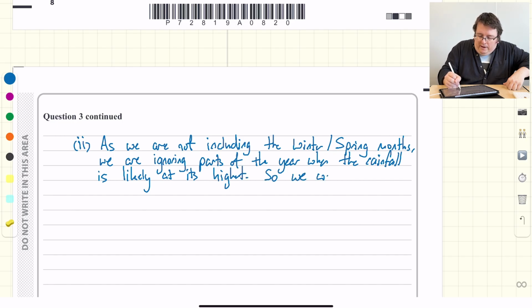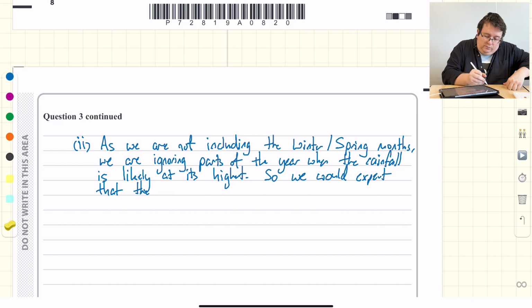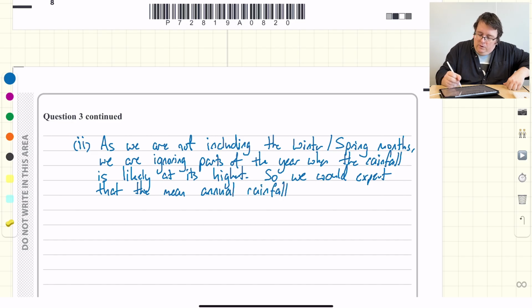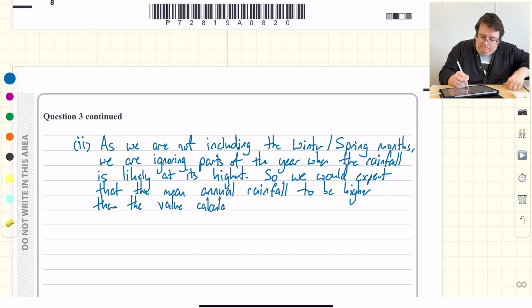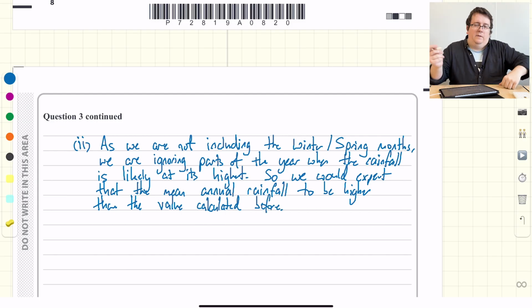So we would expect that the total, the mean annual rainfall to be higher than the value calculated before. Okay, and that would be my answer.